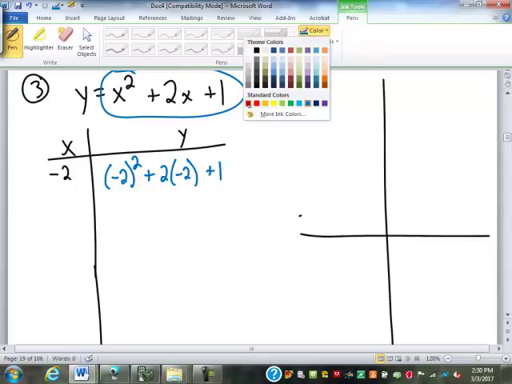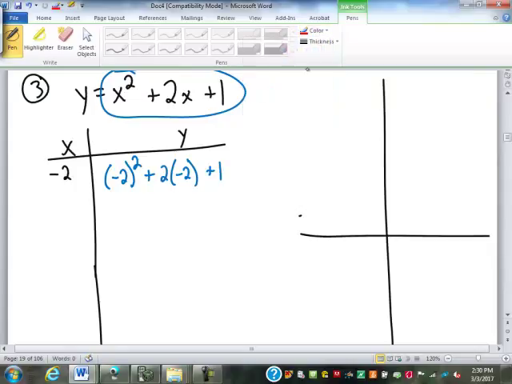So now it's order of operations going across here. What is -2 squared? +4. Good. Make sure you have parentheses around it on your calculator, or your calculator might try to tell you it's -4. Plus, what is 2 times -2?